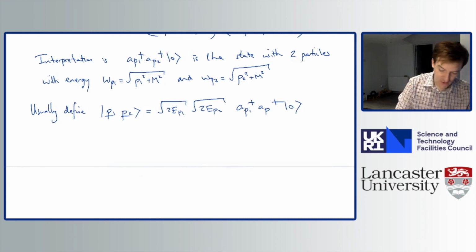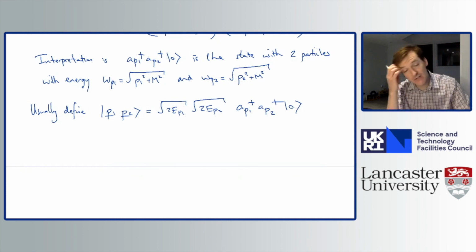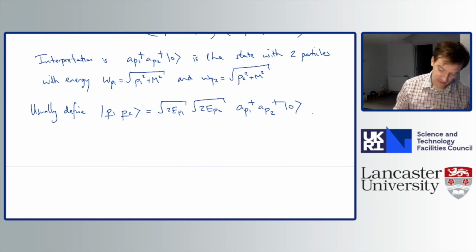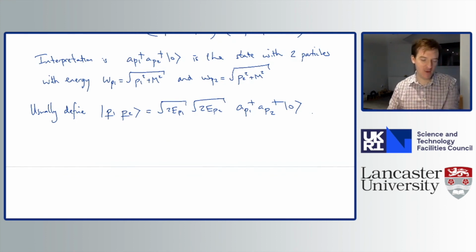If you wanted to, you could also act with the momentum operator and show that the momenta add together. But I don't think we learn very much by doing it, so you've seen it for the Hamiltonian. It'll be a very similar calculation for the momentum. And you could also, in principle, go on to 3 particles or 4 particles or n particles.